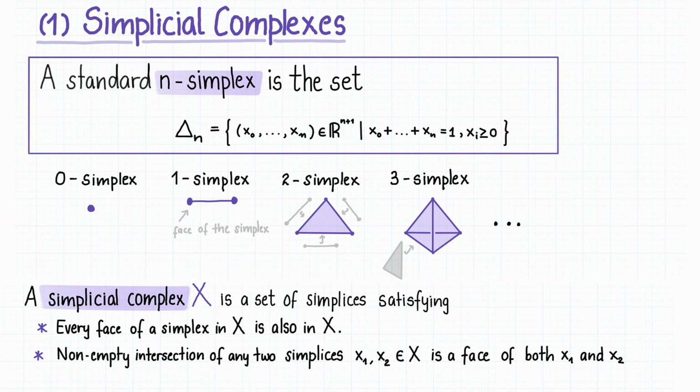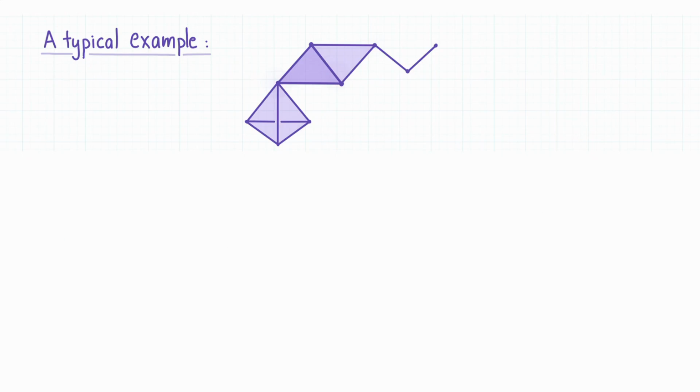This second point just tells you how the gluing happens. A typical example would be something like this, where you can see how 2 simplices are being glued along their 1 simplex face, and you can also glue them along their vertices.